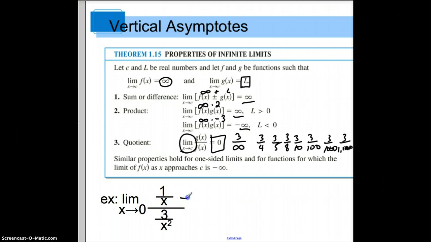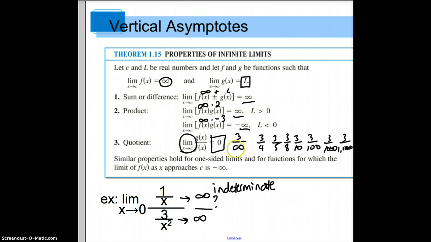If we're talking about vertical asymptotes, 1 over 0, that limit would be infinity. And you put 0 in here, that would be infinity here. So what's infinity divided by infinity? That's another indeterminate form. Remember, 0 over 0 was indeterminate, and so is infinity divided by infinity.